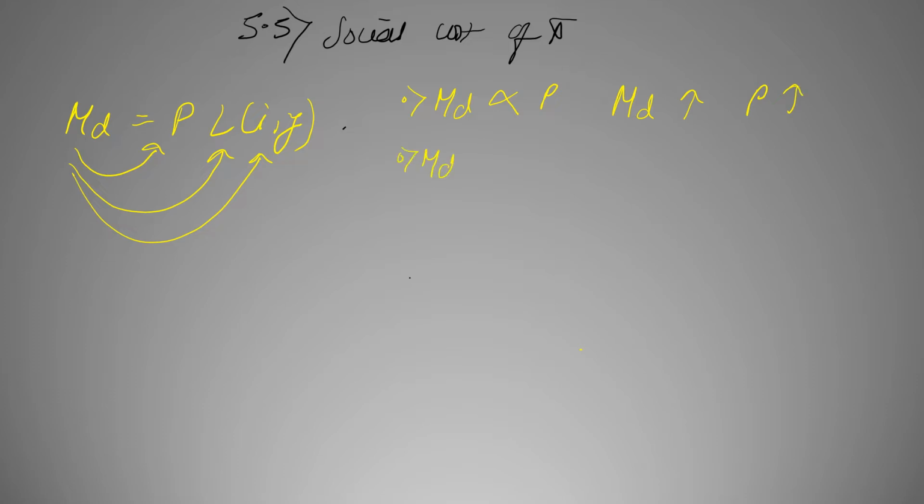Second, money demand is directly related to Y, which means if money demand has increased, then your Y or income will also increase. And the third one is money demand is inversely related to I, or expected inflation plus real interest rate. For example, if your expected inflation rate is increasing, then current money demand will decrease.